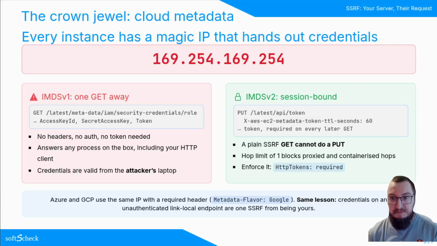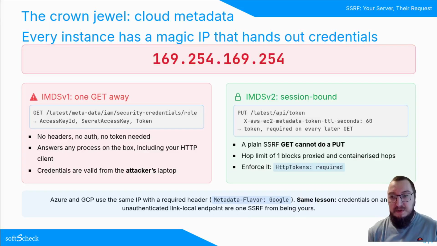In version 1, we needed no headers, no authentication, no token, just HTTP requests to this IP, and we got valid cloud credentials, because it's an internal address, and the cloud service thought, okay, this is an internal address, this is totally safe. I mean, it comes from the internal network.